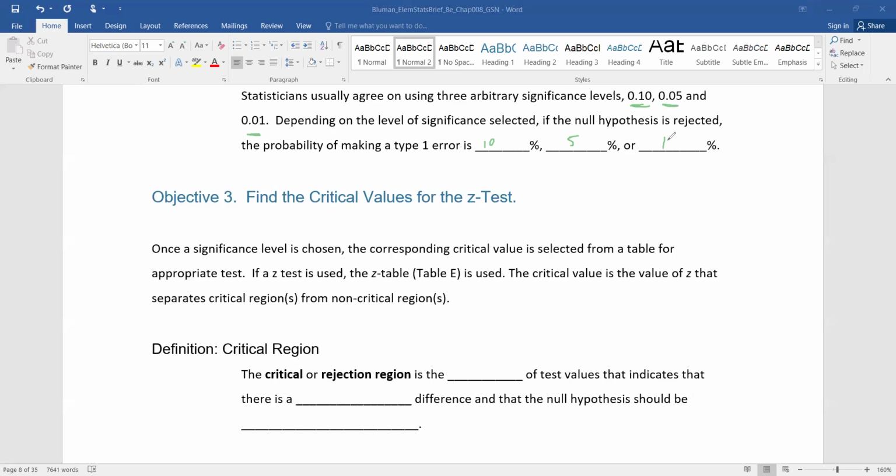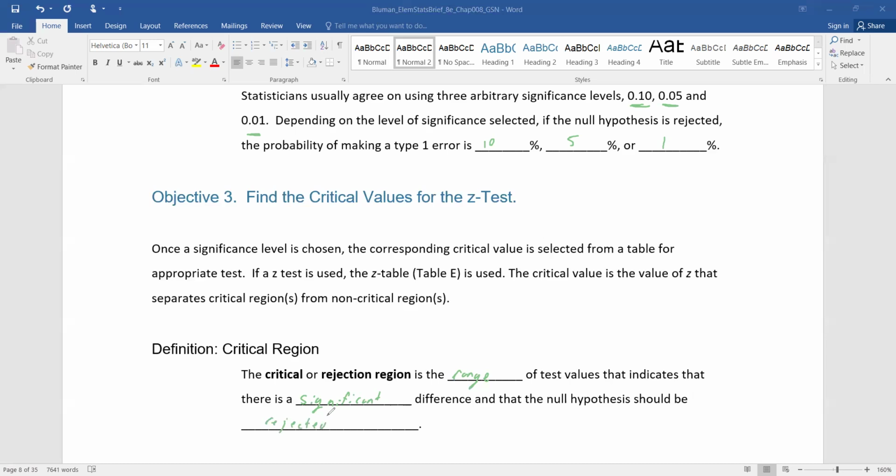So here we go, the definition. The critical or rejection region is the range of test values that indicates that there is a significant difference and the null hypothesis should be rejected.